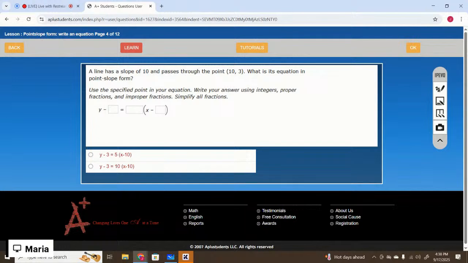A line has a slope of 10 and passes through the point 10, 3. What is its equation in slope intercept form? So which is the correct option?